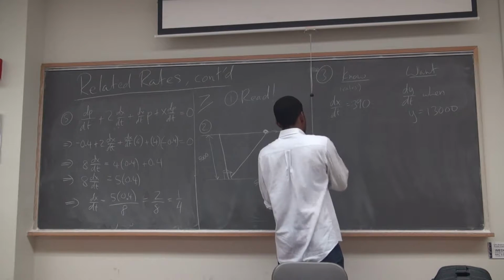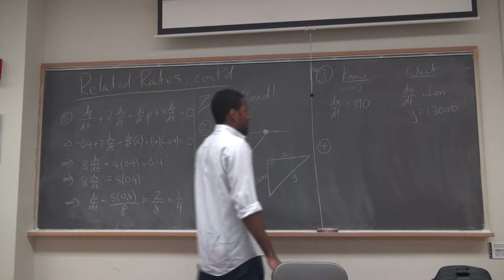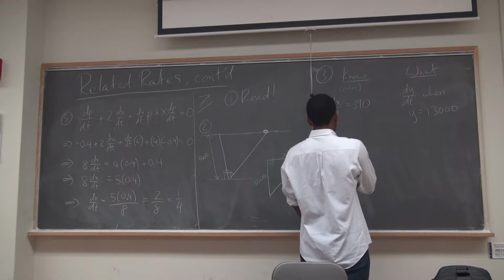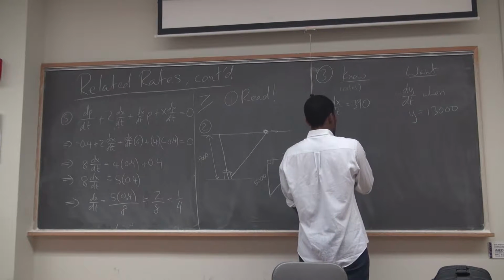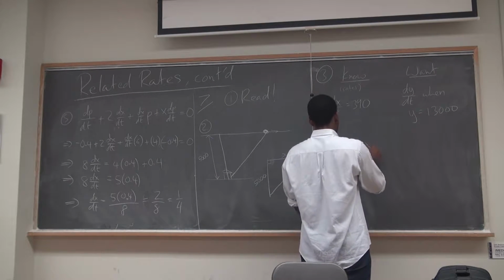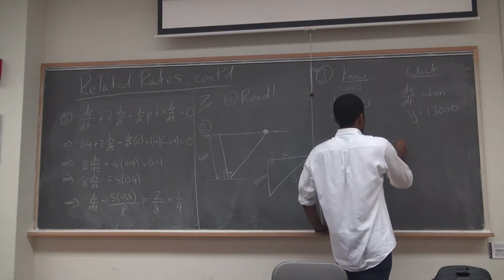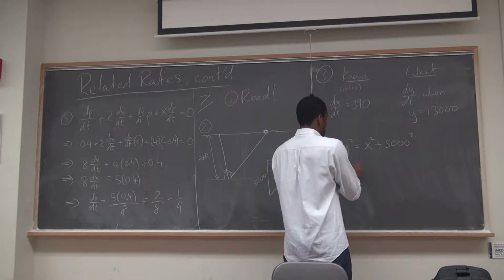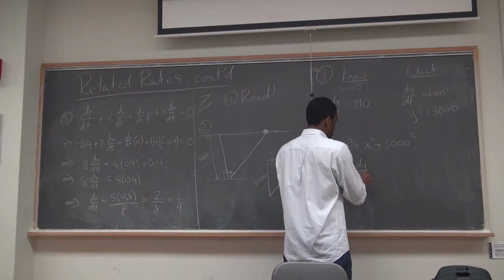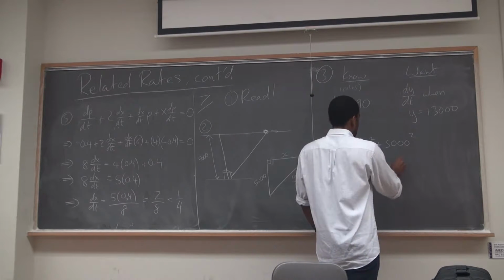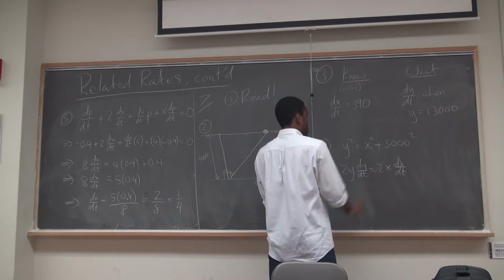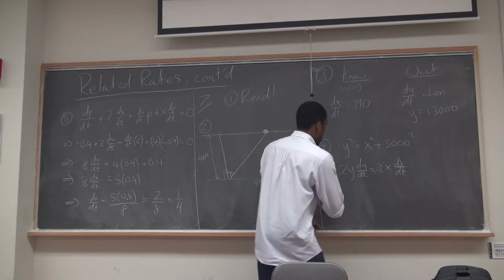So we're going to set up the relationship, which is a right triangle again, so it's Pythagoras' theorem. y squared is equal to x squared plus 5,000 squared. This means, no surprises here, 2y dy/dt equals 2x dx/dt. Cancel the 2's, and I want dy/dt.